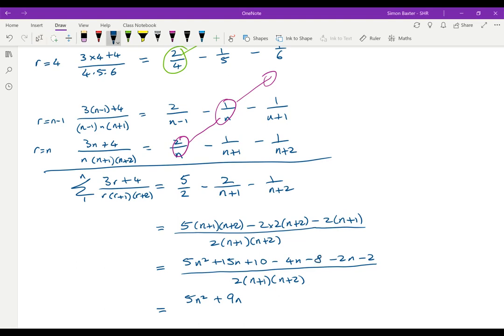Well, it's just like a normal lesson, isn't it? So you have 10 minus 8 minus 2 is 0. It disappears. And we have that all over 2(n plus 1)(n plus 2).